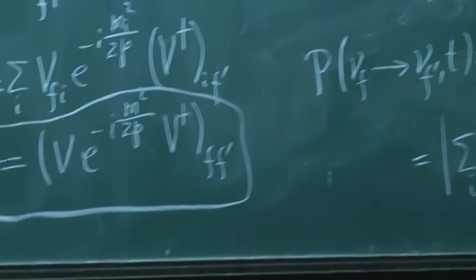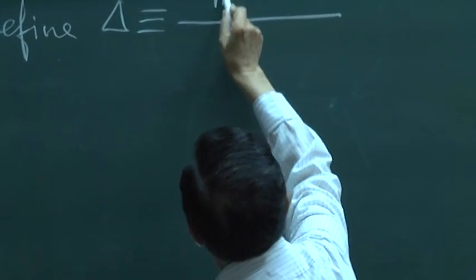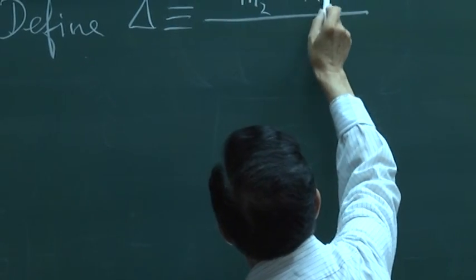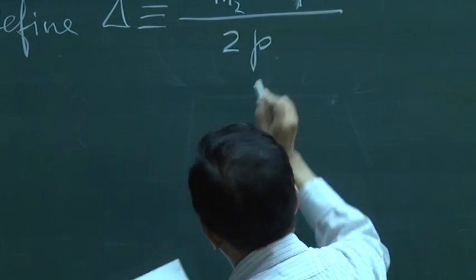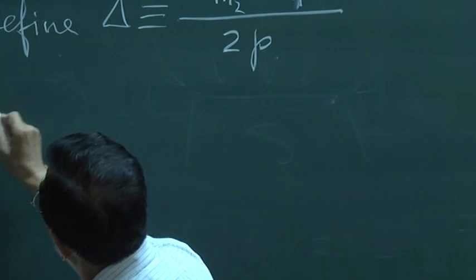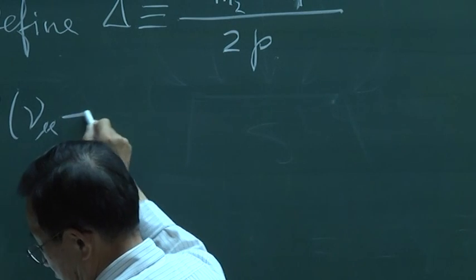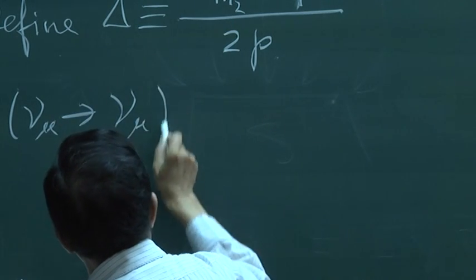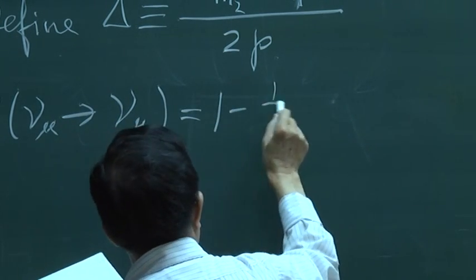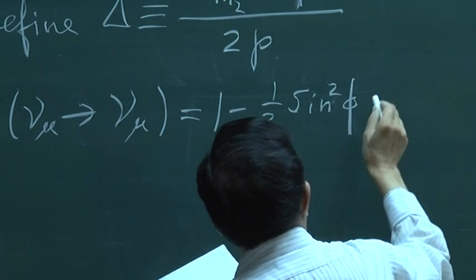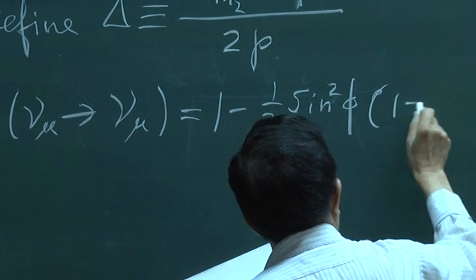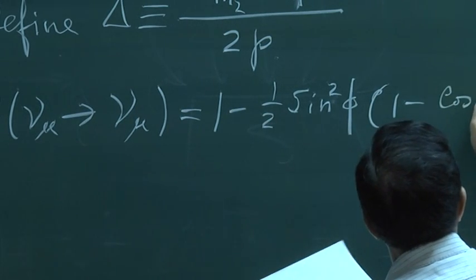So let's define delta to be this combination, m2 squared minus m1 squared, divided by 2p. Then the probability for the muon neutrino to stay as a muon neutrino will be equal to 1 minus 1/2 sine squared 2 phi, and then I get 1 minus cosine delta t.